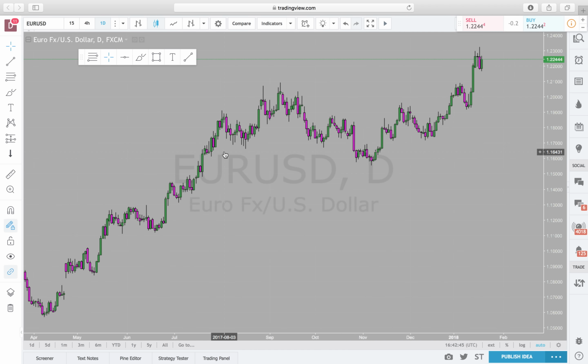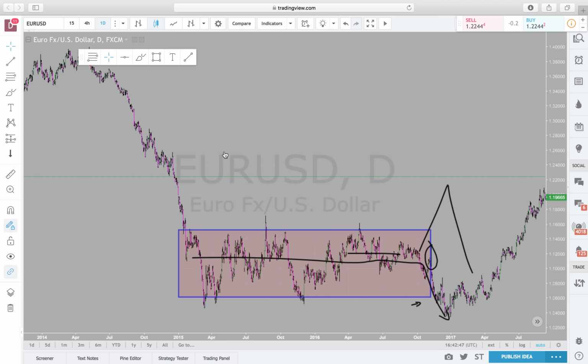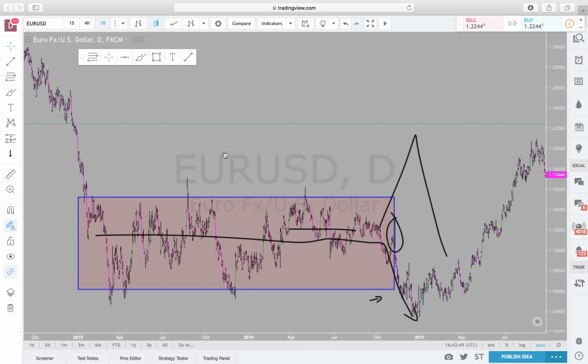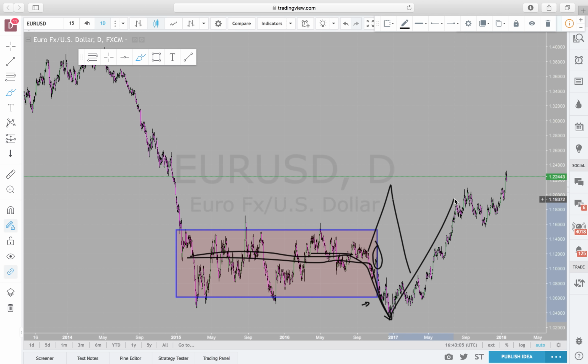But let's go back to the euro once again. So it was all just to complete this one structure on the euro US dollar. That news, that propaganda of the presidency, the election, was just to make this.